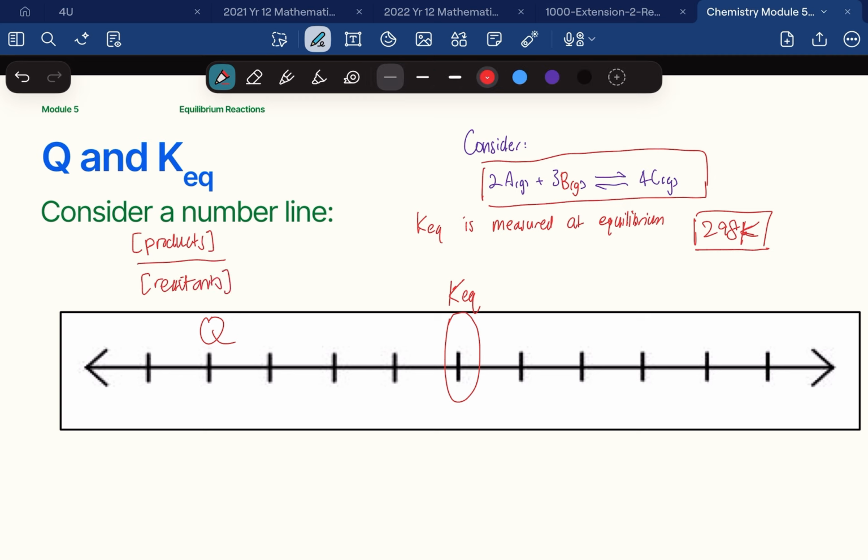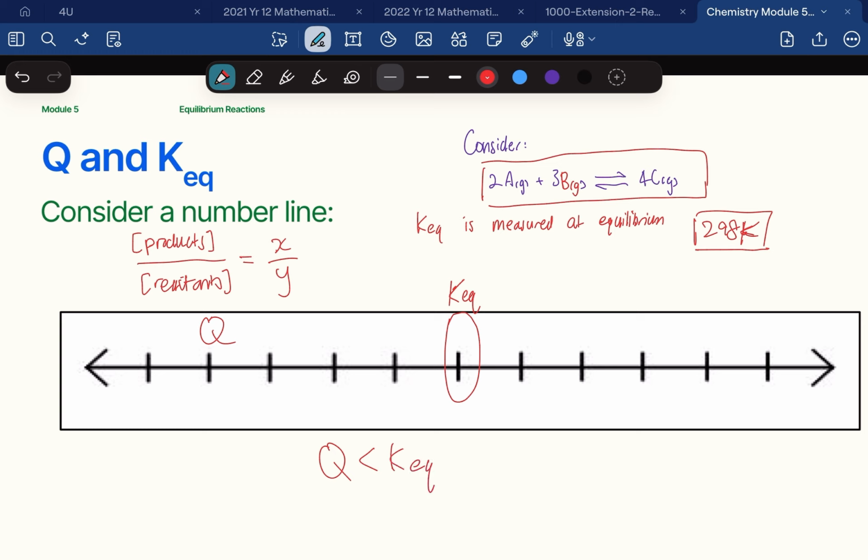Basically, a ratio is a fraction. And what happens when the fraction is large? Two things: either the numerator is large or the denominator is small. In this case, Q is less than KEQ, so KEQ is larger.